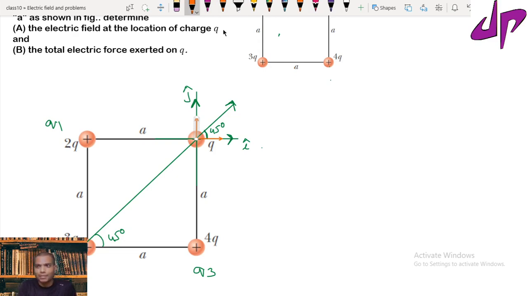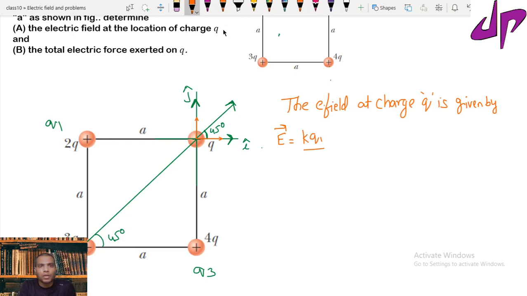I can write the total electric field E bar equal to the electric field due to charge q1, that I can write as k times q1 by r1 square, and I can represent the direction also along the unit vector r1 cap, plus the electric field due to the second charge, with the algebraic sum.